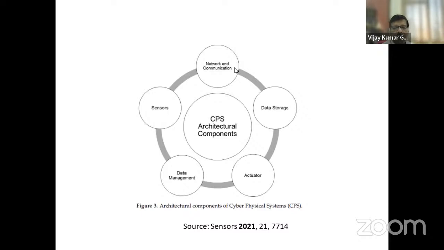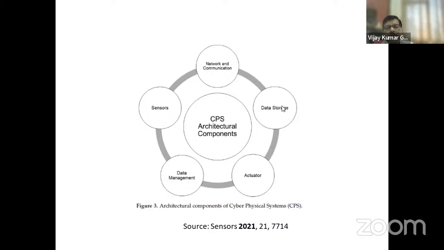So you can have Wi-Fi, you can have the Zigbee standard, wireless HART, and several other standards or communication devices. So you have to collect that information, how the communication will be happening. And from there, the information collected through the sensors will be transferred, through the network and communication device, to the cloud.